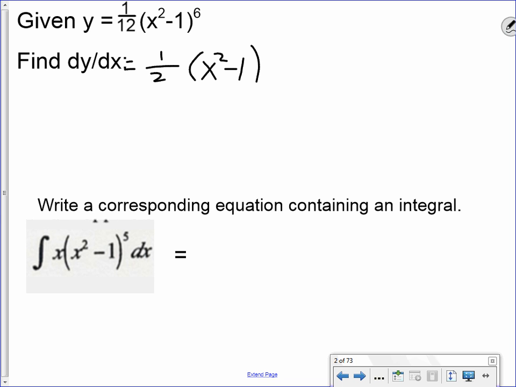Then we're using the chain rule to take the derivative of a composition of functions, so we have to multiply by 2x. Can I clean that up at all? Cancel the 2. Yes, that's exactly right. When we cancel the 2, we're just going to put the x up front so it doesn't get lost back there. So the derivative is x times x squared minus 1 to the 5th.